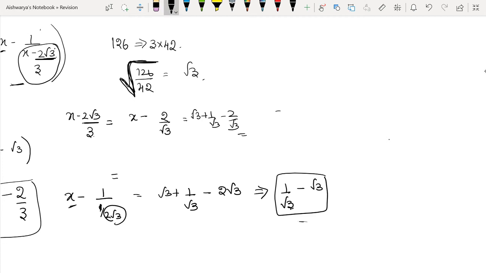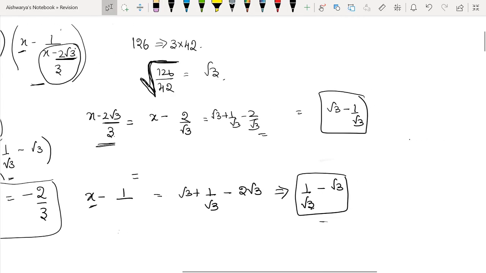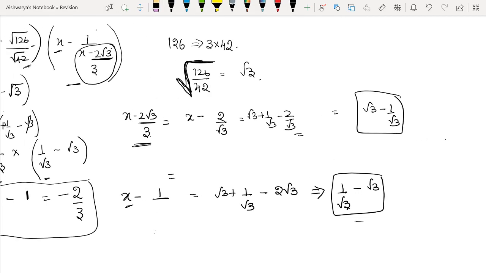So this will be root 3 minus 1 upon root 3. This will be the result of this particular term. Now when we are substituting here, this is 3 minus 1 upon 3. Okay, this is what we have here.